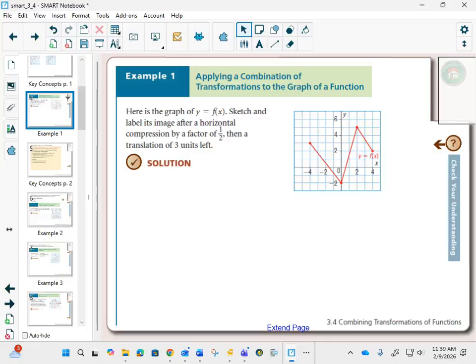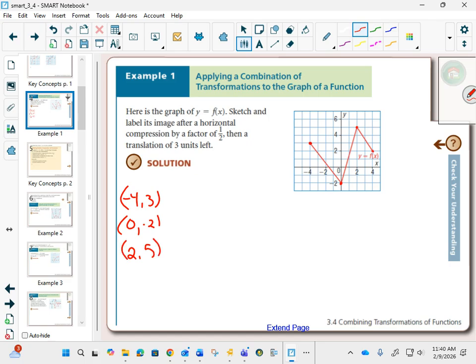Most of it's going to be the same as what we just did. Very quickly, here's the 4 points. I'm going to label those 4 points: -4, 3; 0, -2; 2, 5; and 4, 2. Label those quickly.